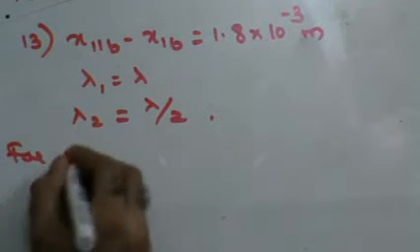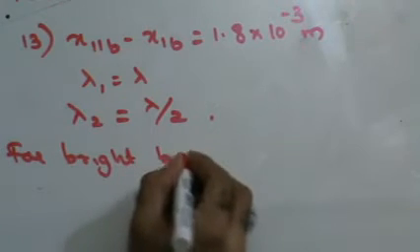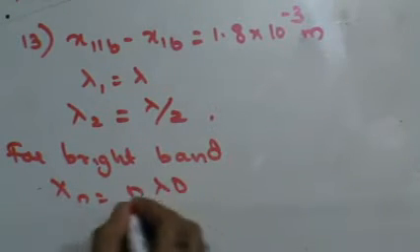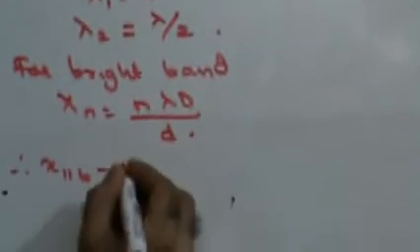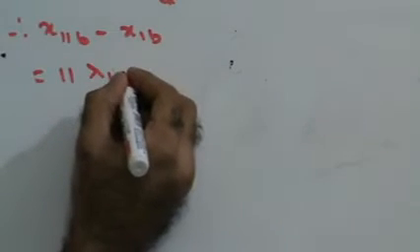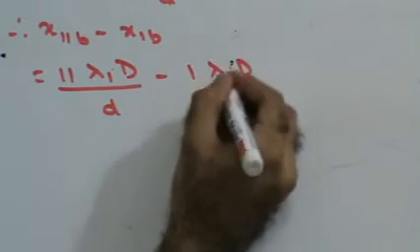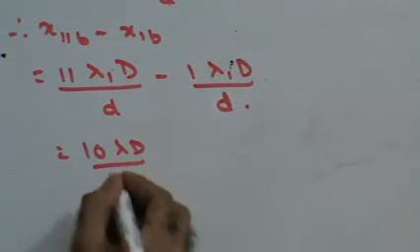Now, for bright band, we know that xn is equal to n lambda d by d. Therefore, I can say that x11b minus x1b will be 11 lambda 1 d by d minus 1 lambda 1 d by d, which is going to be 10 lambda d by d.